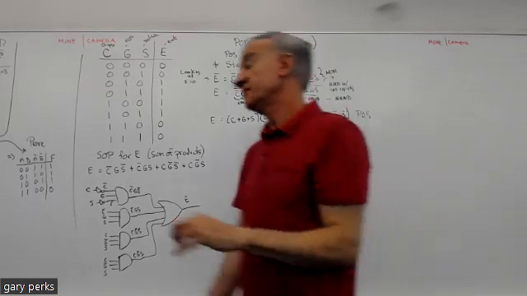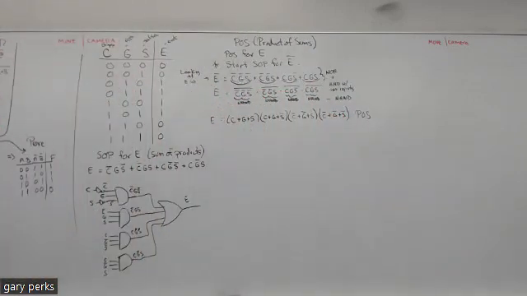Oh, question. In the activity, would you like us to put a bar for the not? Yeah, good question. If you look at the first one I give you, what kind of equation is that? What form? SOP.